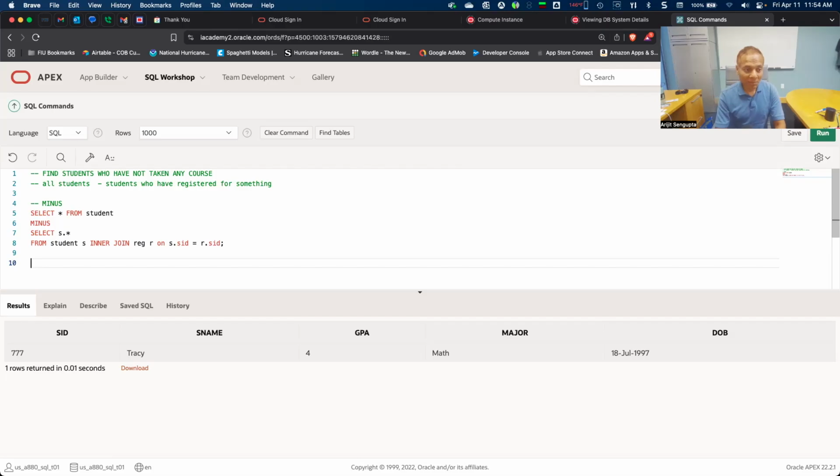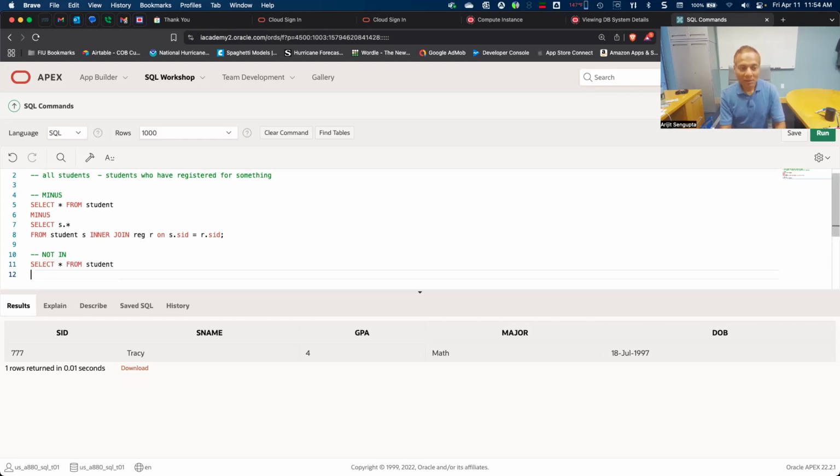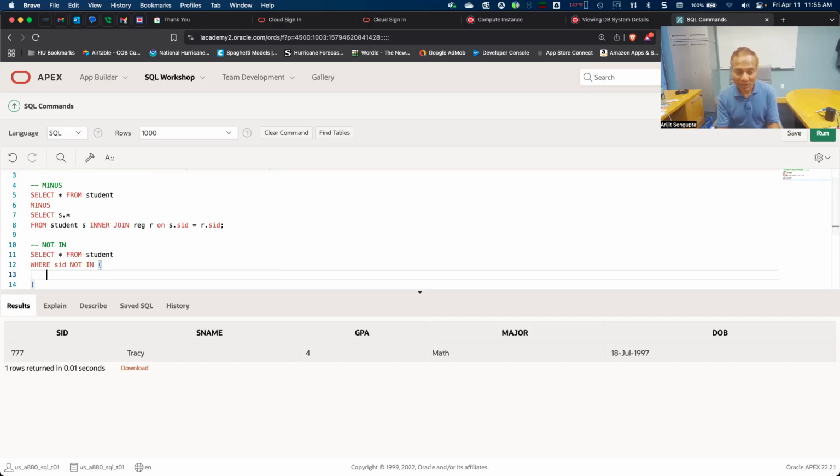Okay. Some of them are very similar to the minus. So for example, not in. The concept is the same. You want to find the students whose ID don't appear in any registration, right? Where SID not in, so the student ID is not going to be in any of the registration IDs, right?